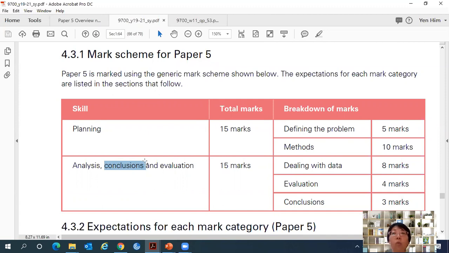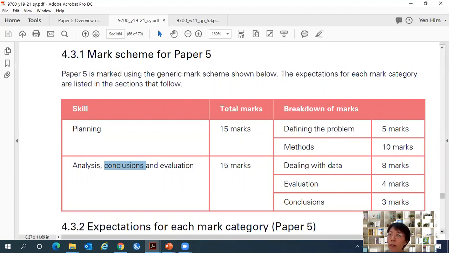For Paper 5, if you want to do well, if you want to be very confident in the exam, you need to do as many past year questions as possible, starting from the 2016 paper onwards, because this is a new syllabus. Correct? Yes. Okay, 2016 onwards.